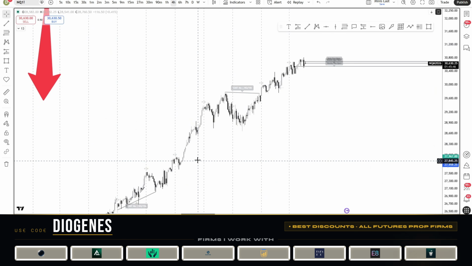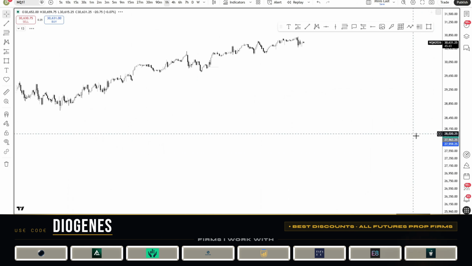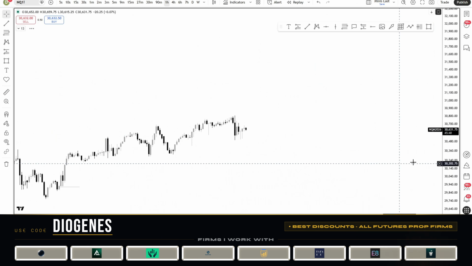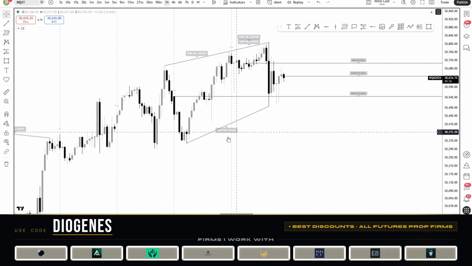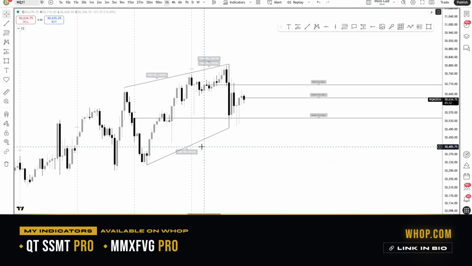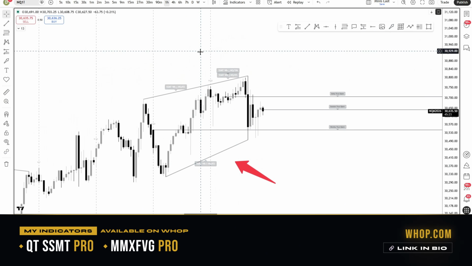Since this is bullish, and when I saw this daily got bullish again, I told you guys that this was not good for shorts. So these shorts are not good.